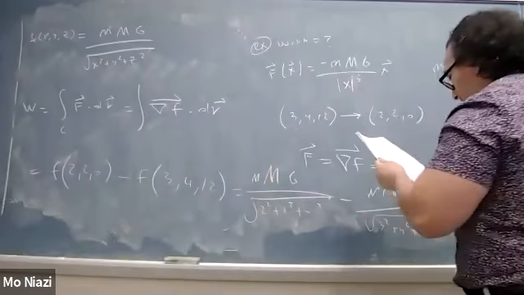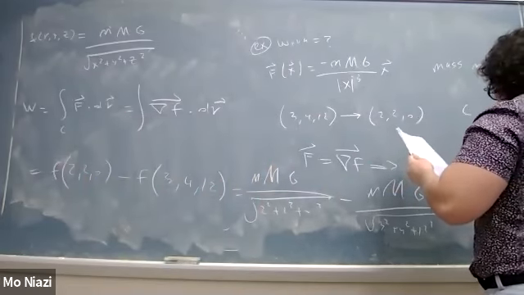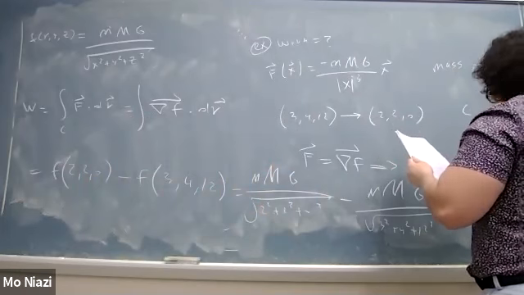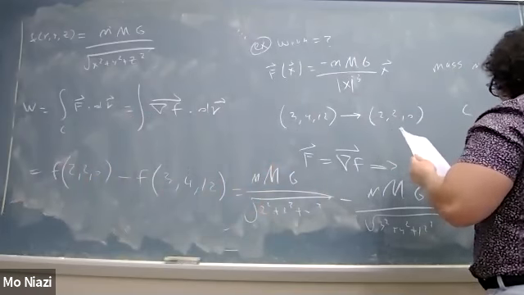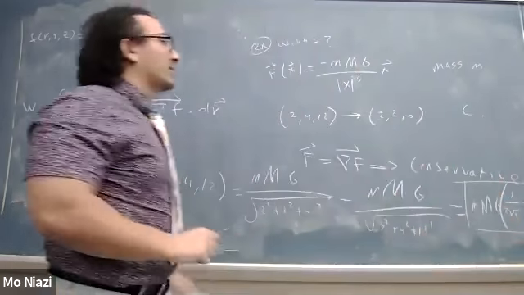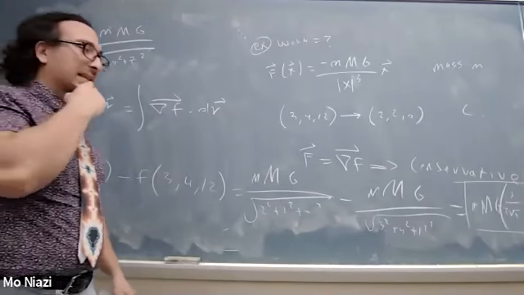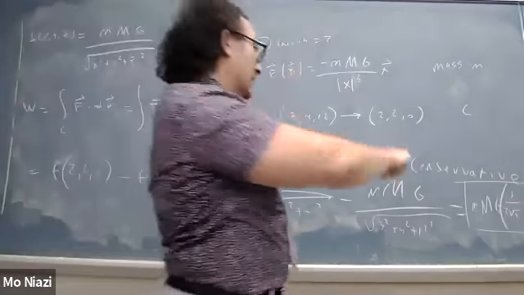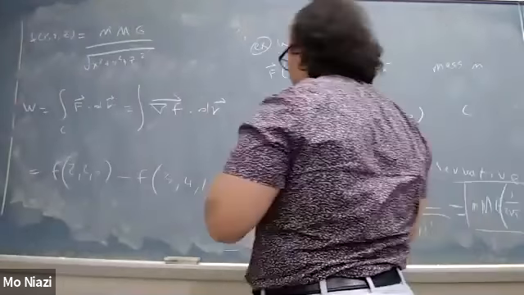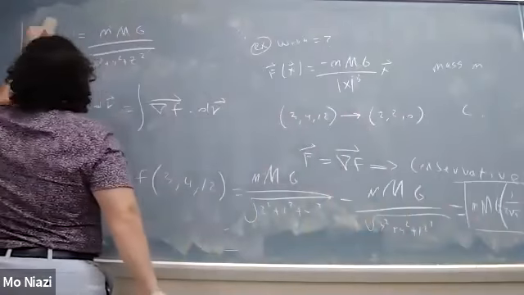What you end up getting when you're done calculating is m, capital M, G times 1 over 2 root 2 minus 1 over 13, where little m is the mass of the electron, for instance, and capital M is the mass of our planet, Earth, and G is just a gravitational constant that has been discovered using the Cavendish experiment.